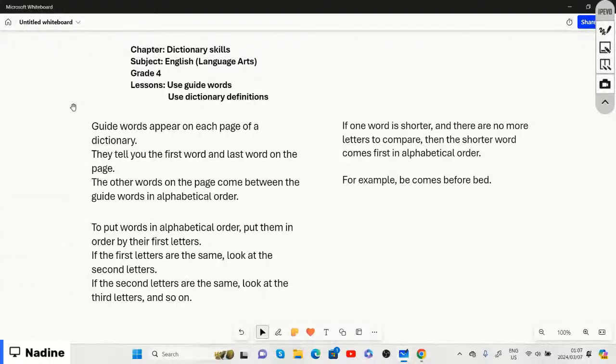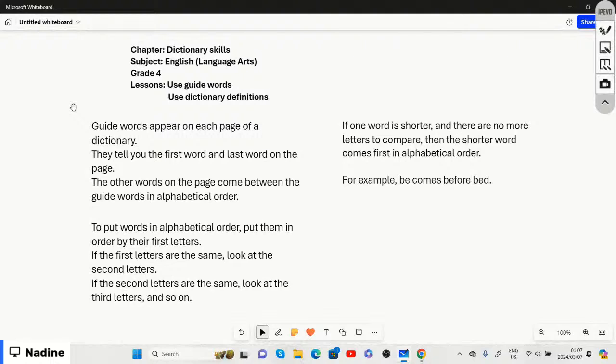That is basically dictionary skills. If you open up a dictionary, you'll see that the words are in alphabetical order. And the guide words right on top will tell us what words are on the specific page.